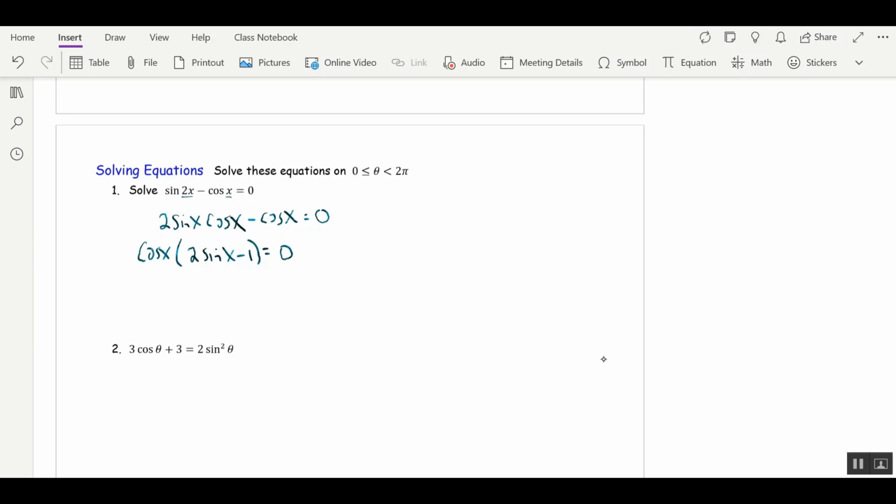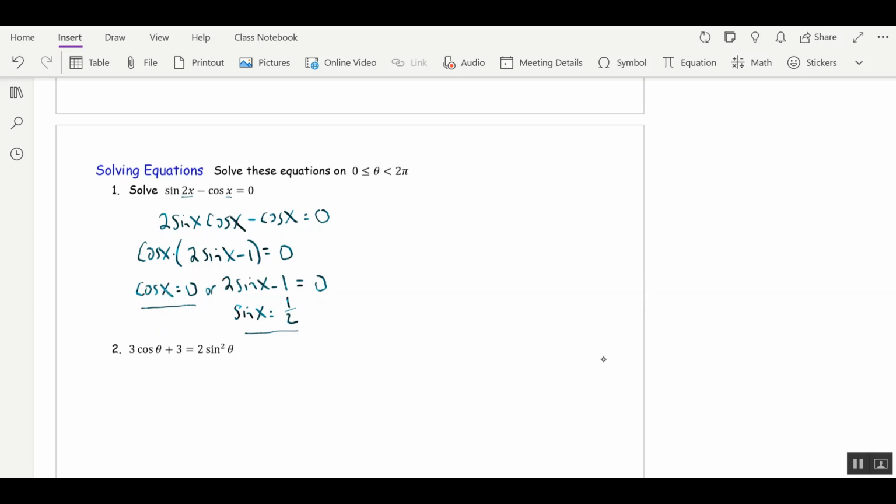And so this gives me two options. Either cos x is equal to 0 or 2 sine x minus 1 is equal to 0. And if that's the case, then sine x would be 1/2. So I'm solving two simple equations. So I'll put "or" here. And I can do those using the unit circle.